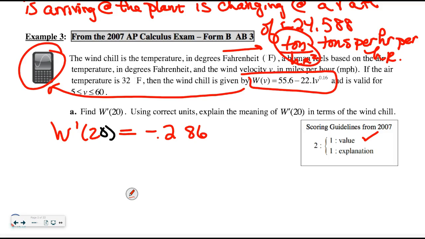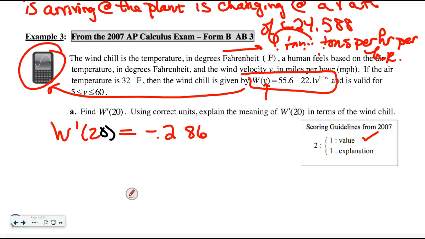The wind chill is the temperature in degrees Fahrenheit. Okay, so that's the wind chill that a human feels based on the air temperature in degrees Fahrenheit and the wind velocity in miles per hour. So the velocity is going into the W function to give us our wind chill.